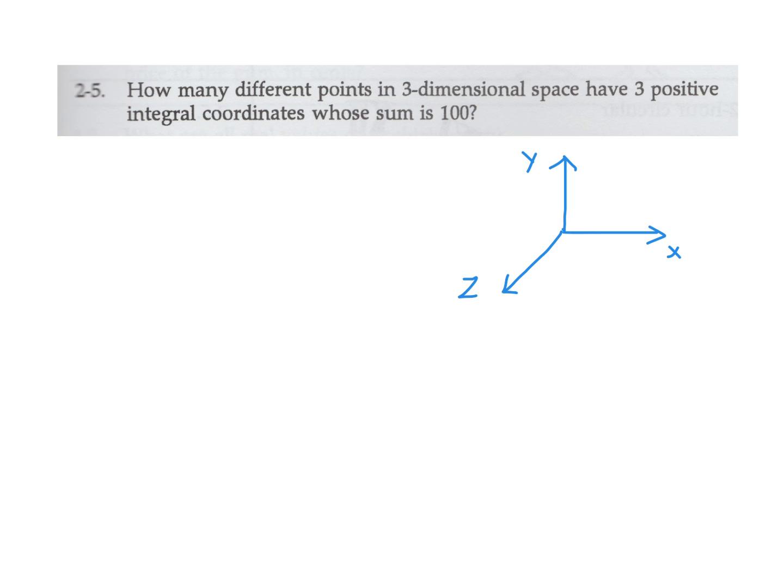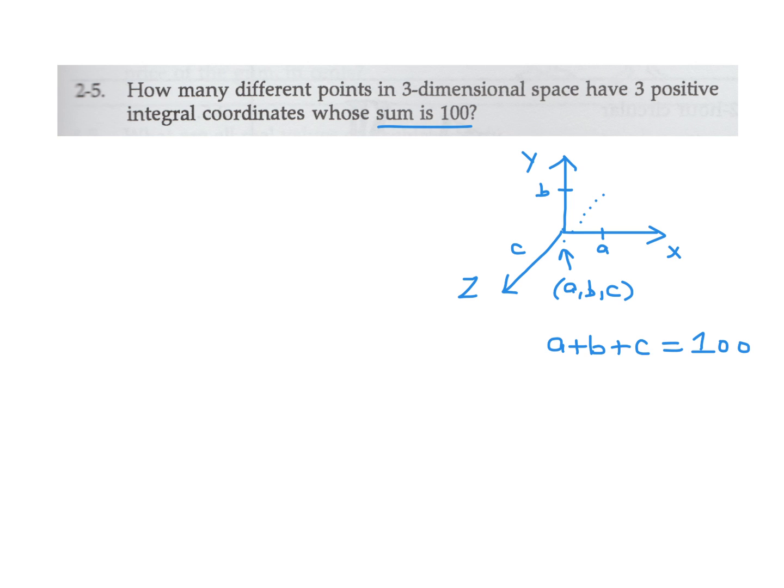So they're saying that there's some, let's say this is A, this is B, and this is C. So this point right here would therefore represent A, B, C, kind of floating in the air. Now, they want the coordinates to sum up to 100, so A plus B plus C has to be 100.